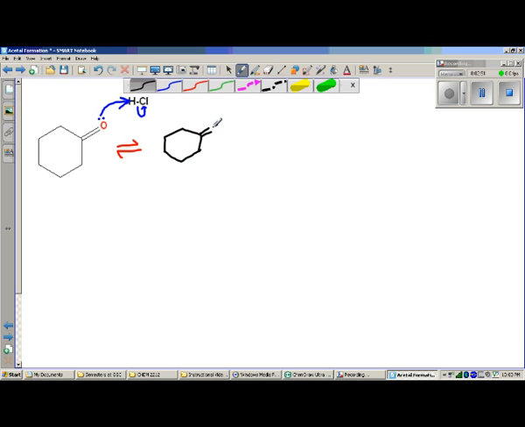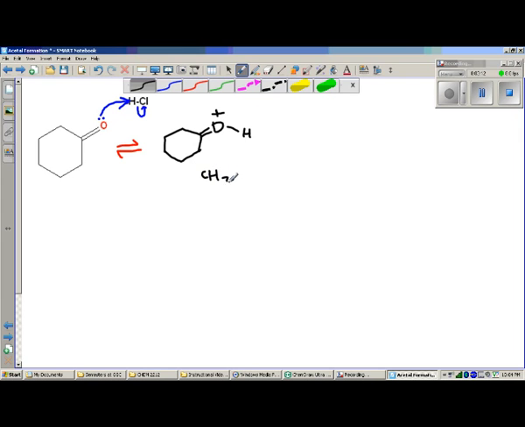So what we've done is protonate that oxygen. And because of that, you will remember we have a plus charge on our carbon, which makes this carbonyl much more reactive.